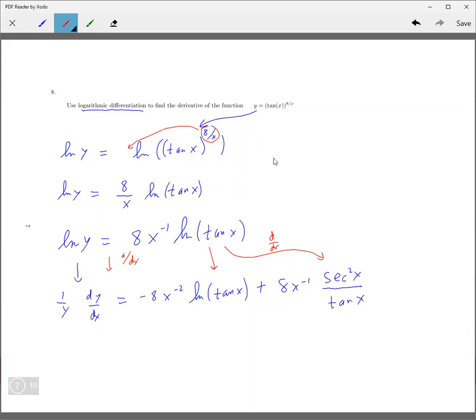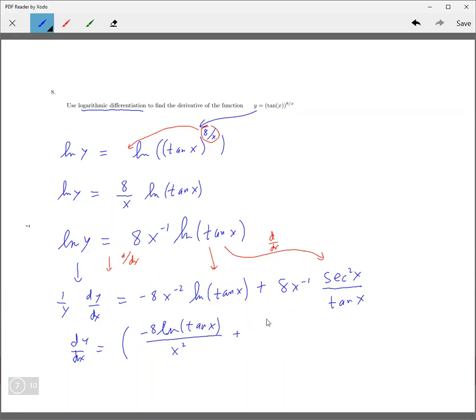Okay. So now I'm going to bring this 1 over y to the other side. And here I can rewrite this as negative 8 natural log of tangent x over x squared. I'm rewriting this x to the minus 2 as a 1 over x squared.